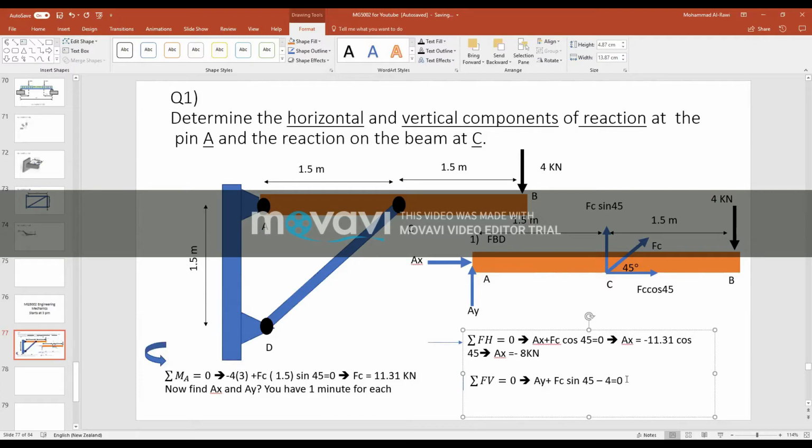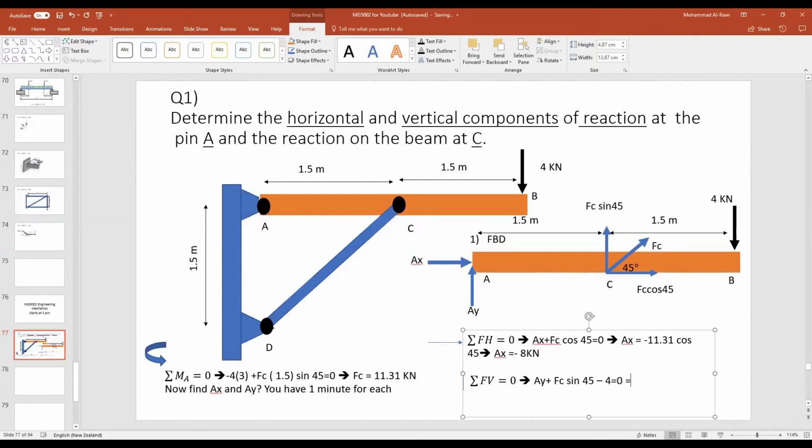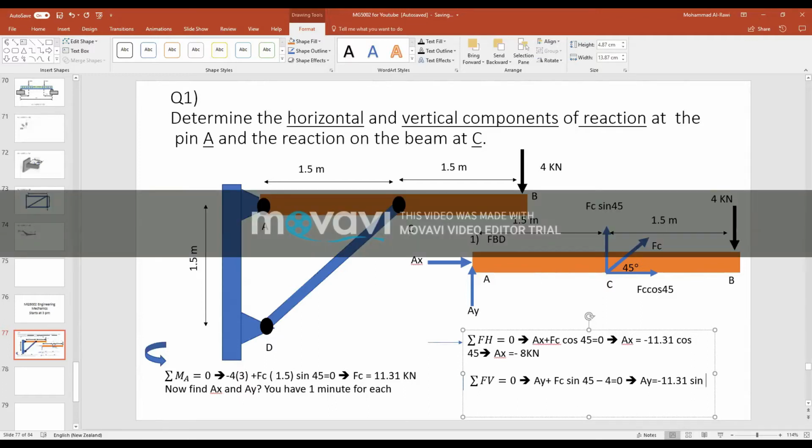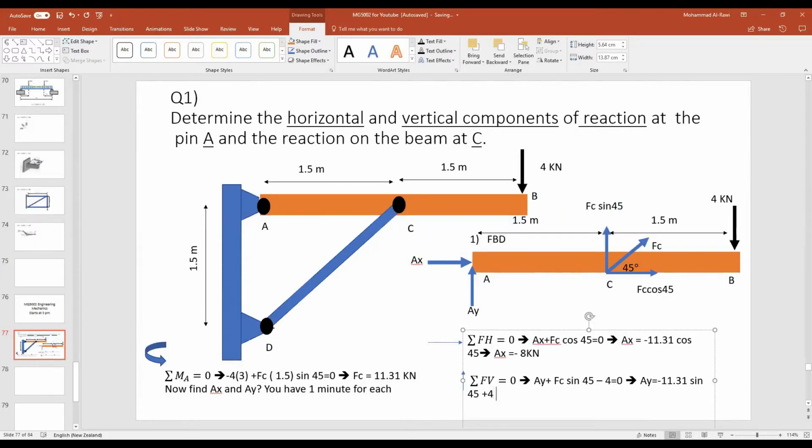Now remember, if we rearrange this equation, AY equals what? Minus 11.31 sine 45. Now you say, why is it minus? Because I moved the FC sine 45 to the other side of the equation, and plus 4 kilonewtons.